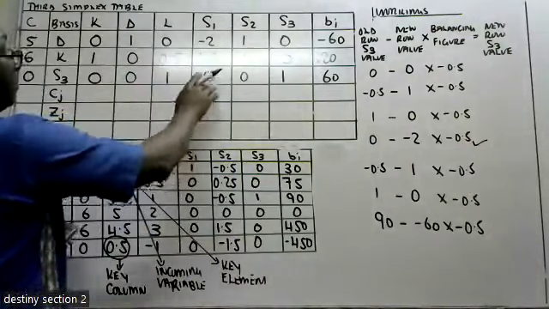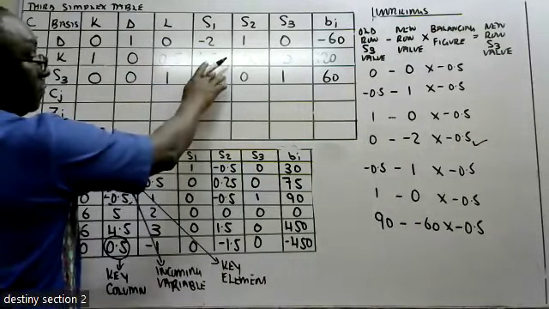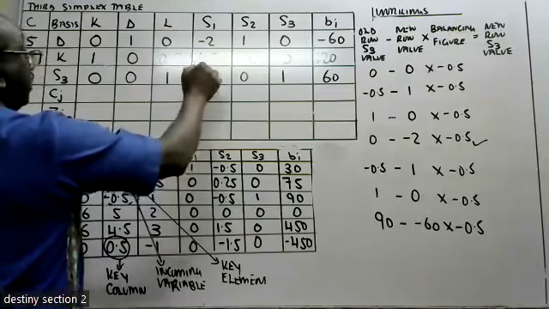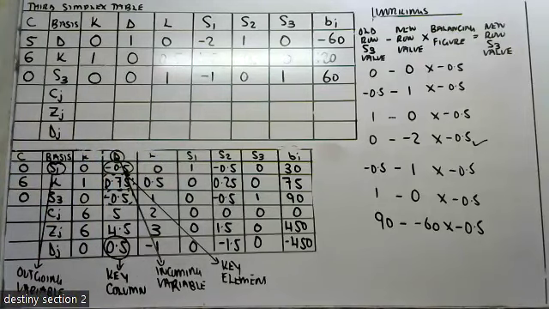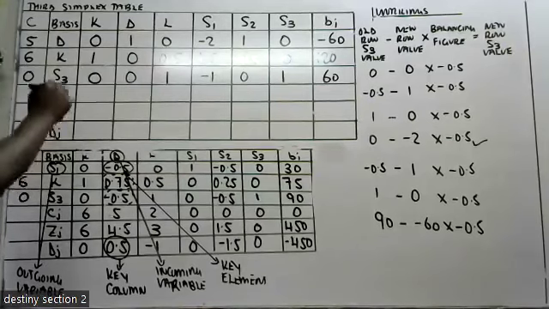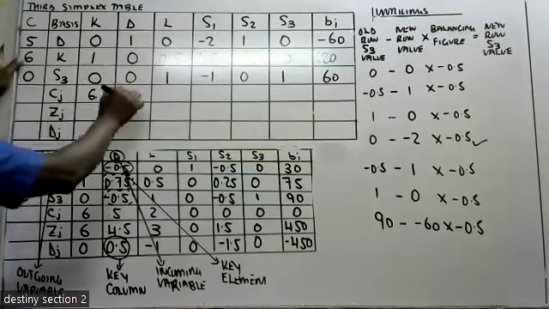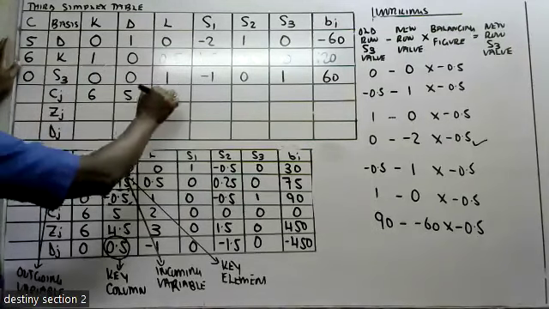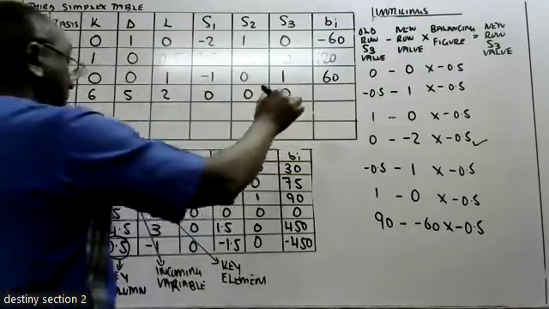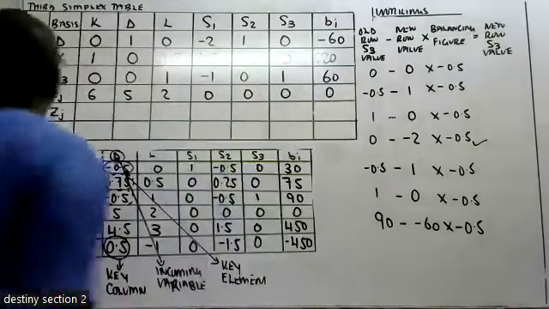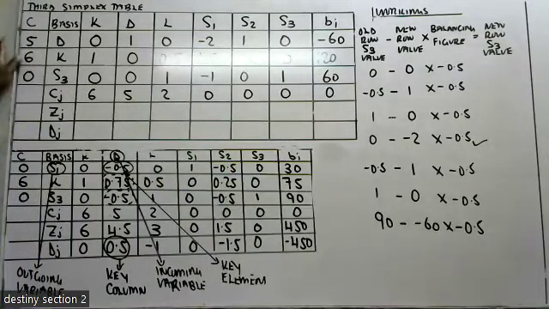It's negative 1. I'm right. So if I'm right, this is 6, this is 5, this is 2, 0, 0, 0, and 0. So we need to get the Z's.